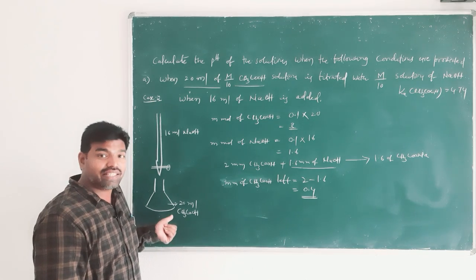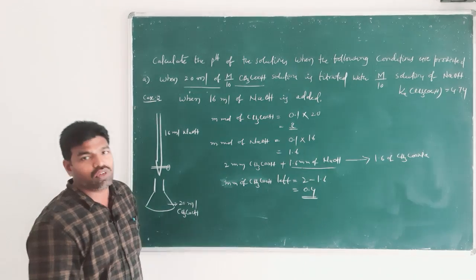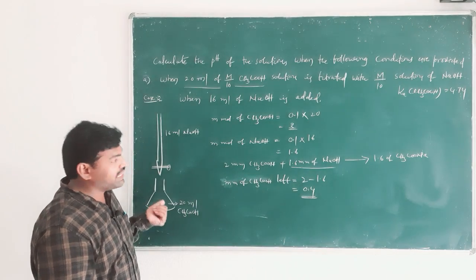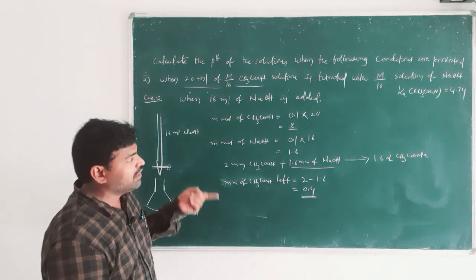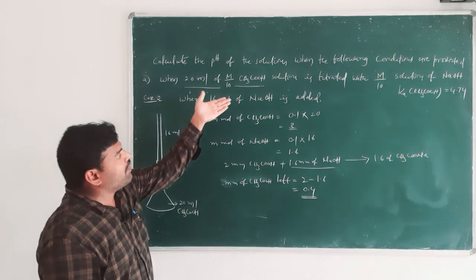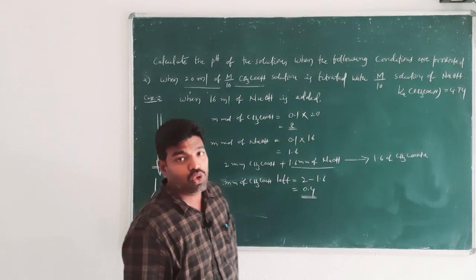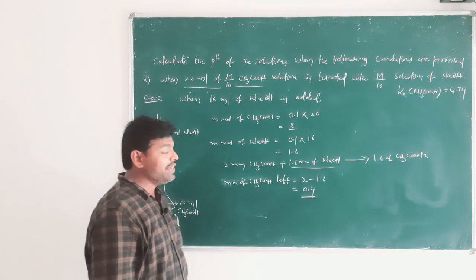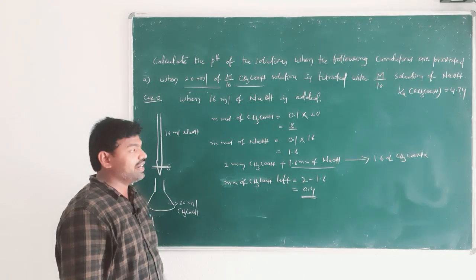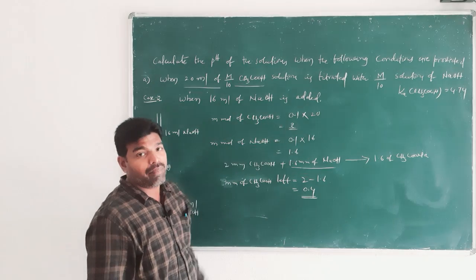And what is formed in this titration? By adding 16 ml of NaOH, there is a formation of 1.6 millimoles of sodium acetate, a salt, and acetic acid is left behind.